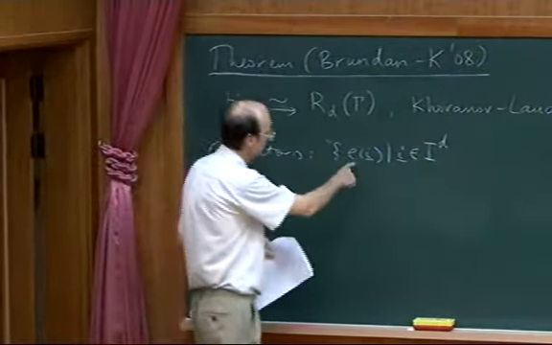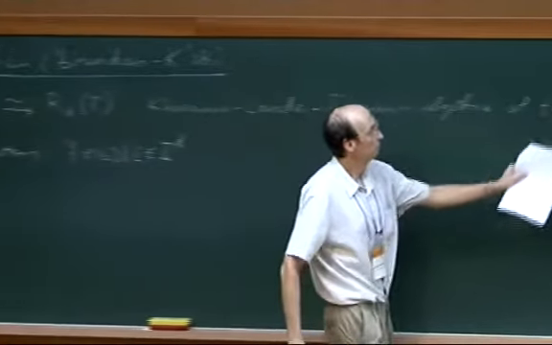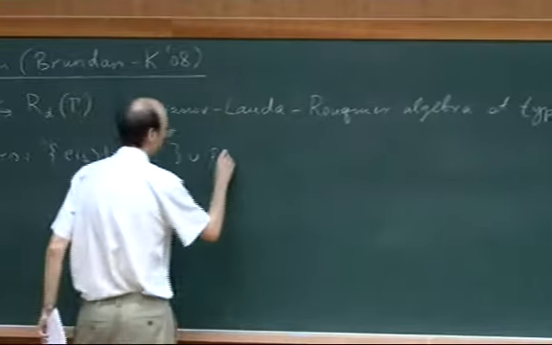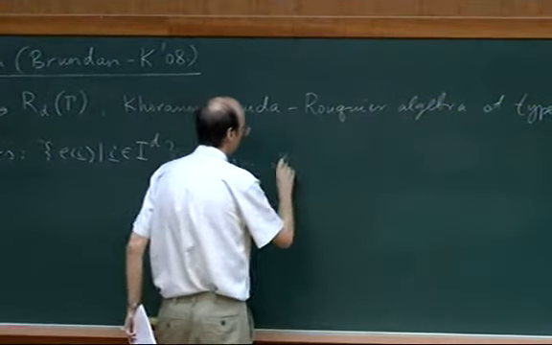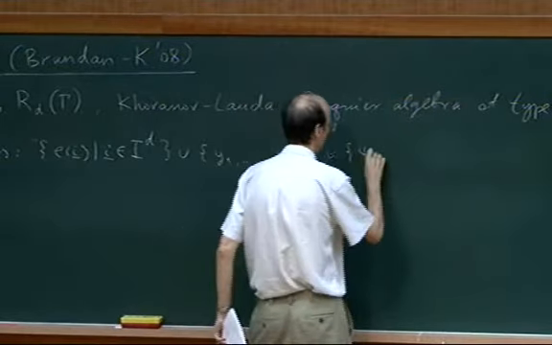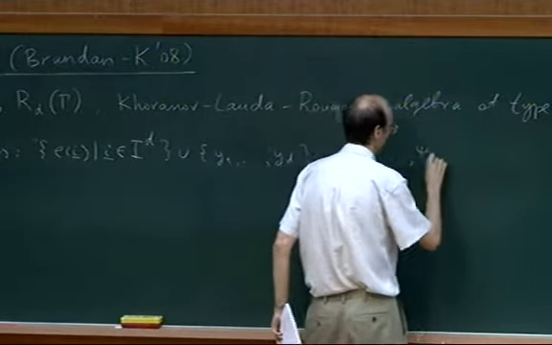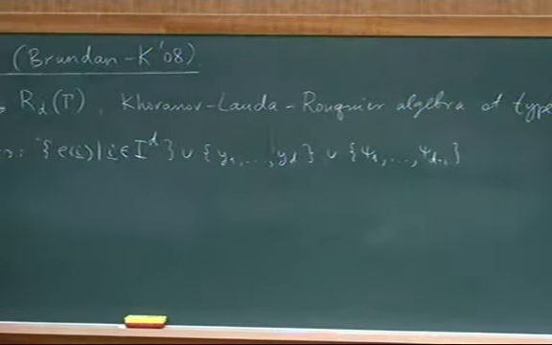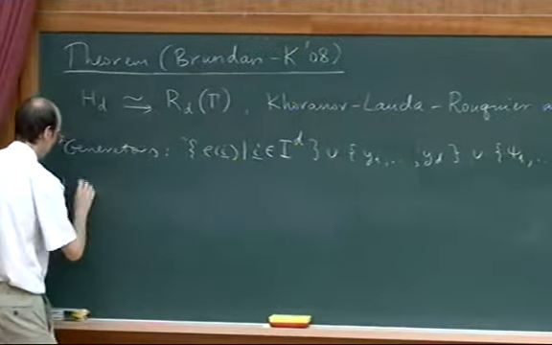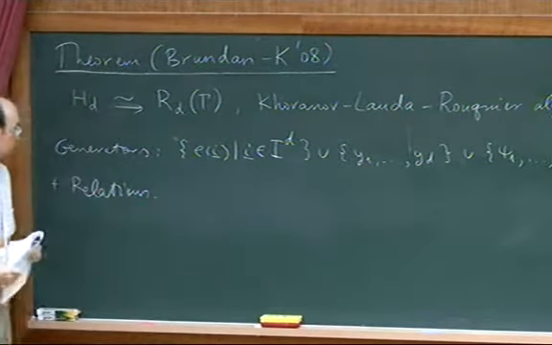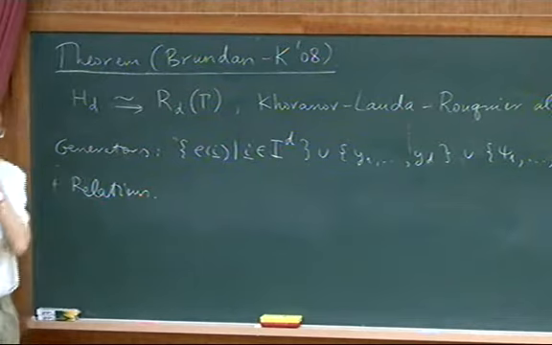Okay, so generators are e(i), where i runs in I^D. And then there are certain, it's not going to be terribly helpful, y_1 through y_D, and psi_1 through psi_{D-1}. And there are some remarkable relations, which I can show you if you want, or you will see them in Monica's talk.